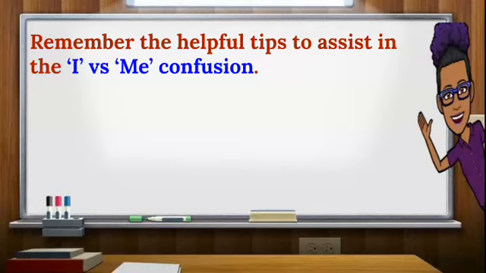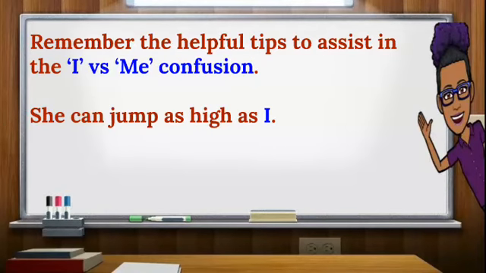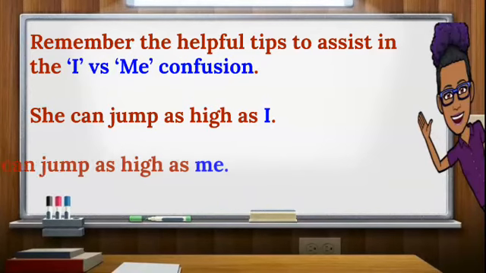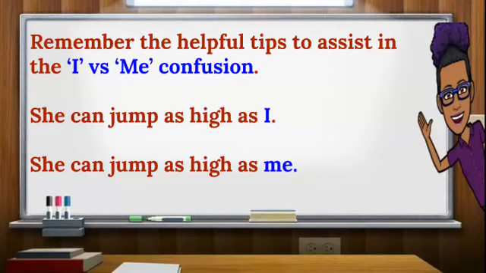Now let's go to some more examples. She can jump as high as I. Or would it be she can jump as high as me? So here we have our verb, jump, and also look at that word as. That as is before the subject pronoun I and before the object pronoun me, sorry.